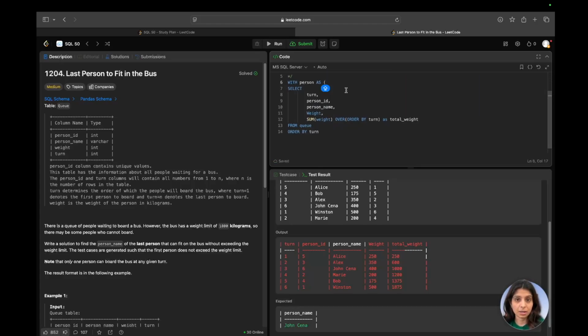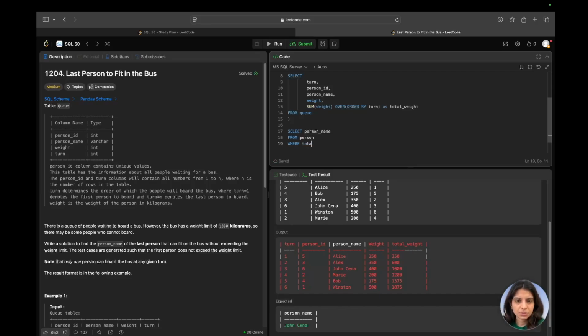I can't order it here, but I don't need to order it here since I am doing my ordering in the query, so that's okay. Now I will select my person name, since we need only the name, from my person.